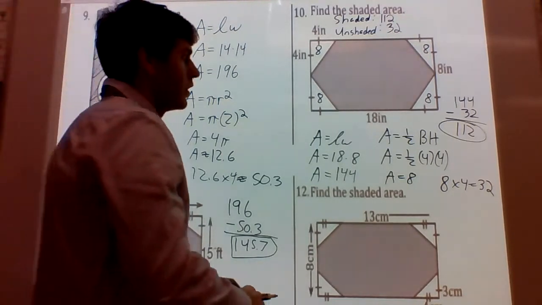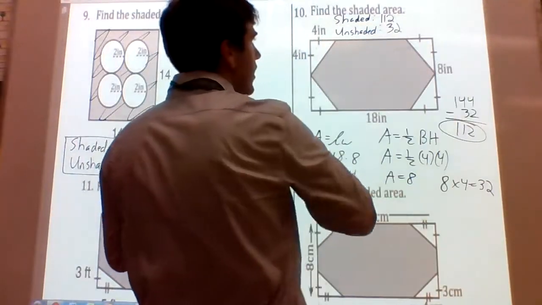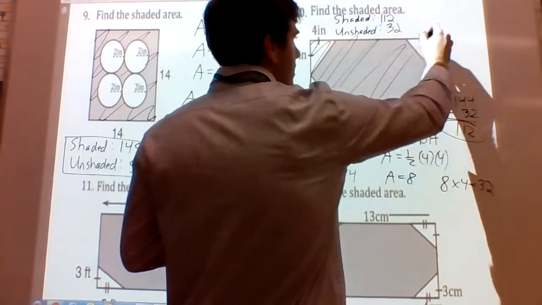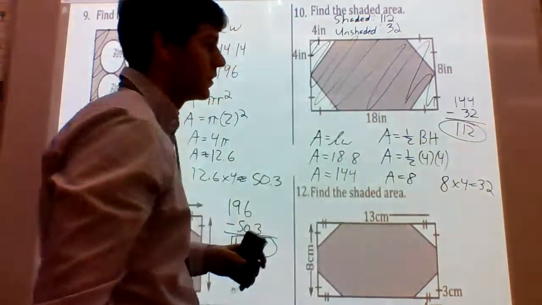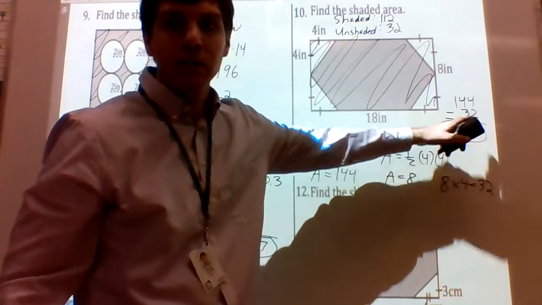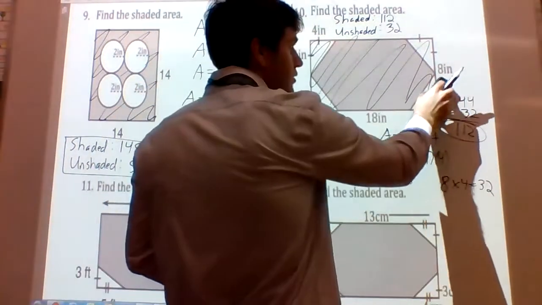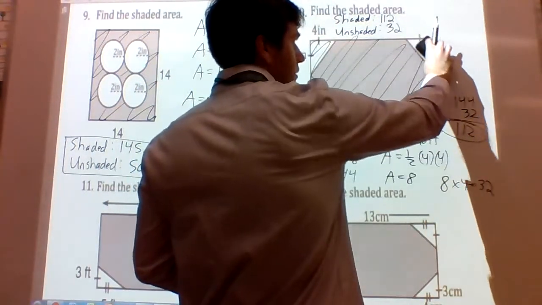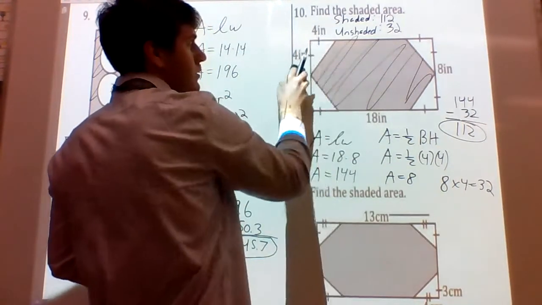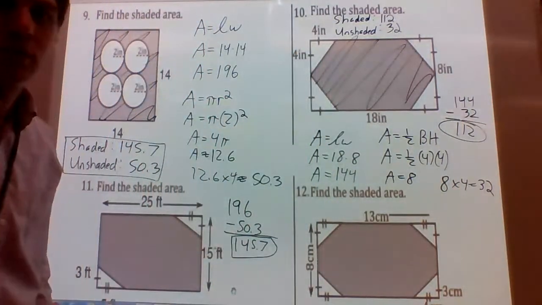So the area of all of this is 144. And then we subtract minus 8, minus 8, minus 8, minus 8, which leaves us with 112.